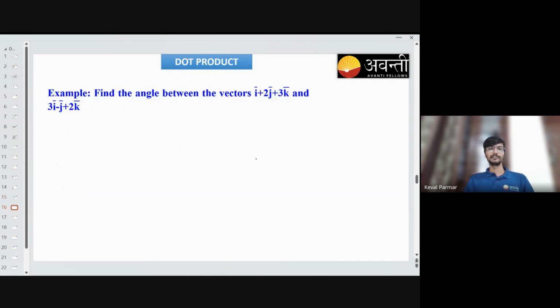Let's see what we have next. Next, we have an example. What does the example say?